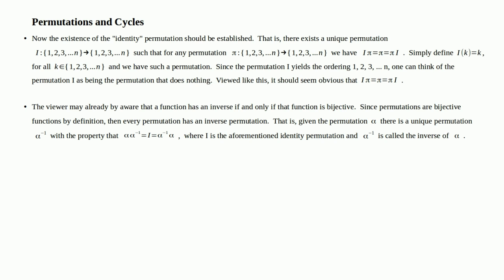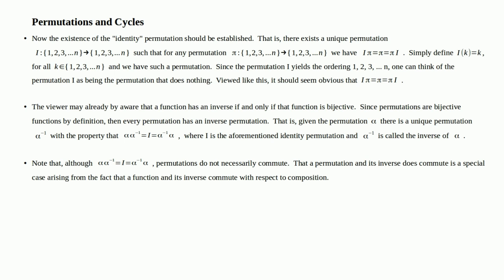That is, given the permutation alpha, there is a unique permutation alpha inverse with the property that alpha times alpha inverse equals the identity I, which is equal to alpha inverse times alpha, where I is the aforementioned identity permutation, and alpha with the -1 superscript is called the inverse of alpha. Of course, that notation you should recognize if you're familiar with the composition of functions and inverse functions from an algebra class.